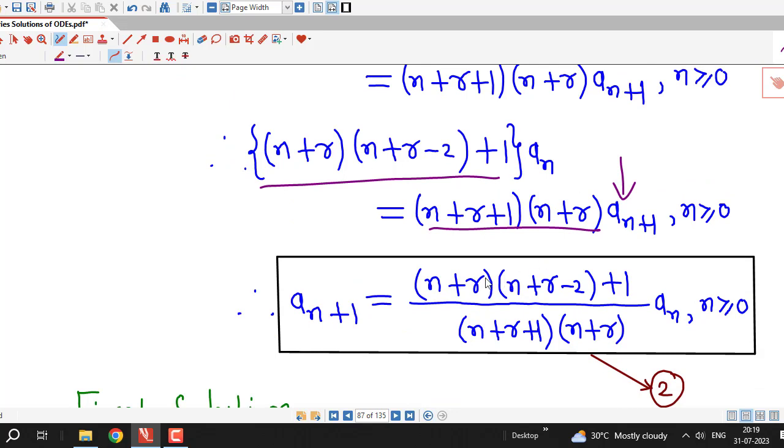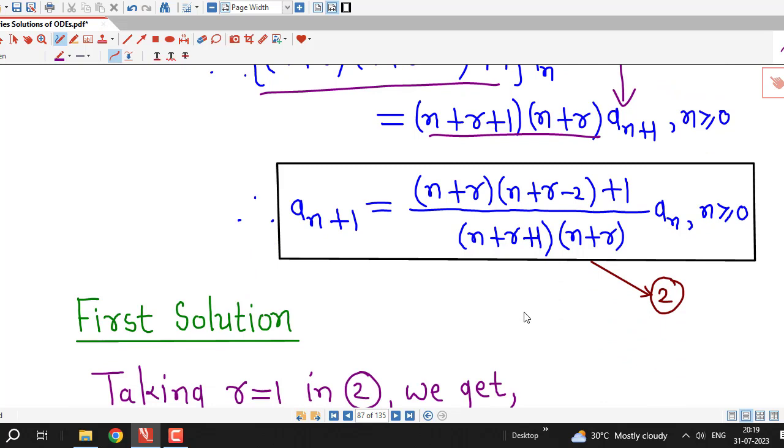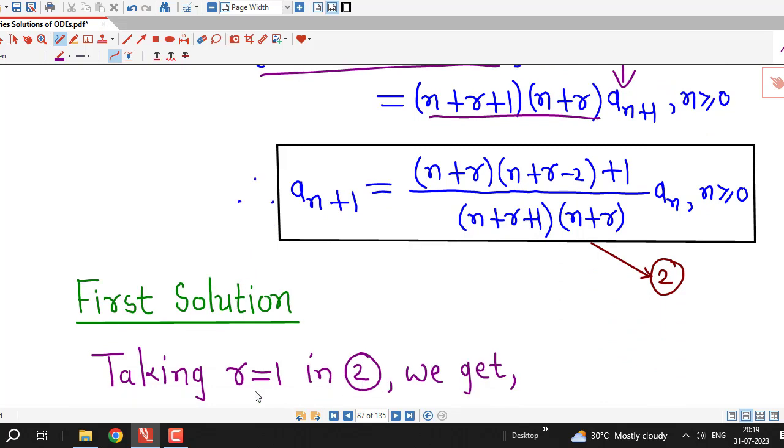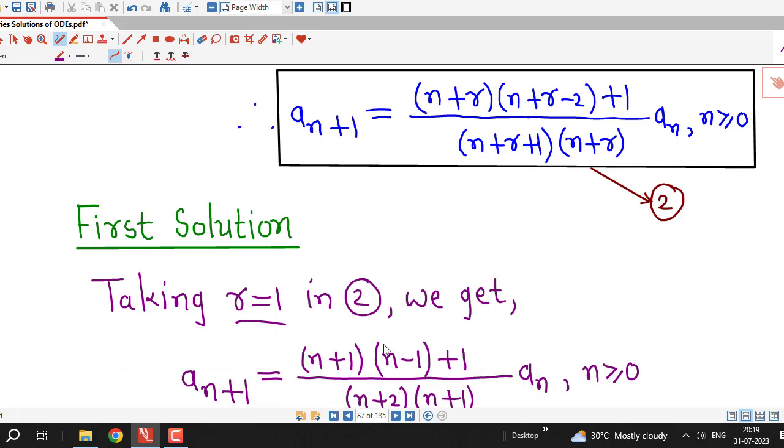In the next step, I have taken r equal to 1 in this recurrence relation. First solution: taking r equal to 1 in this equation, we have an plus 1 equal to, r is 1, that is n plus 1 plus r, so this is 1 minus 2 minus 1, and we have n minus 1 plus 1.